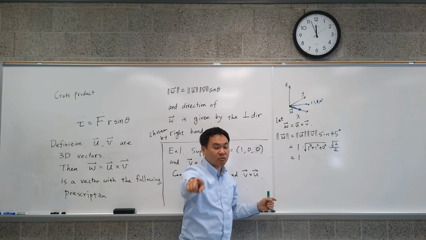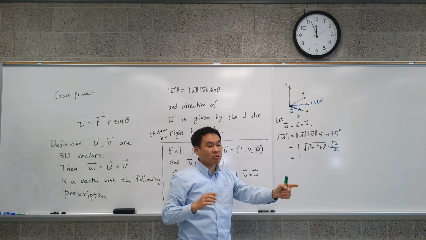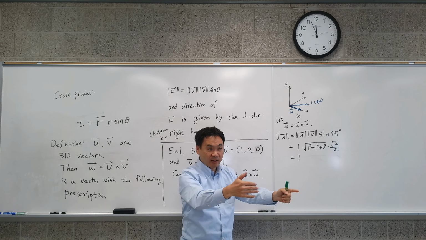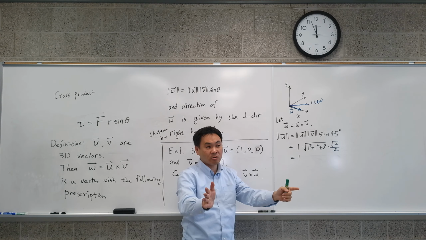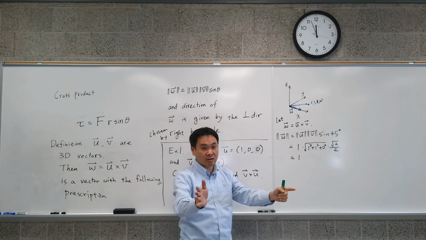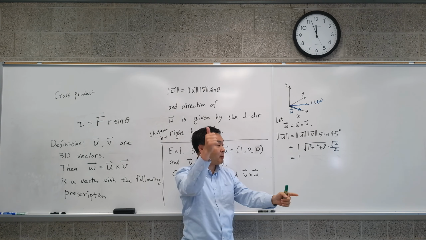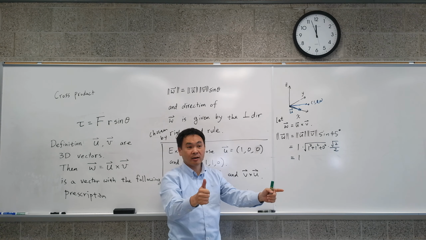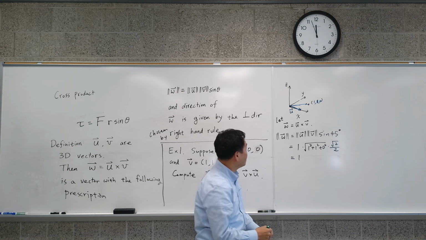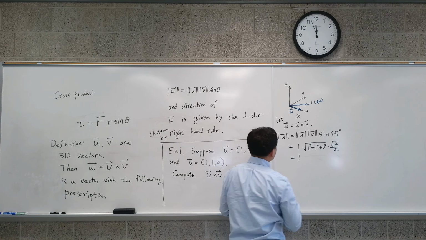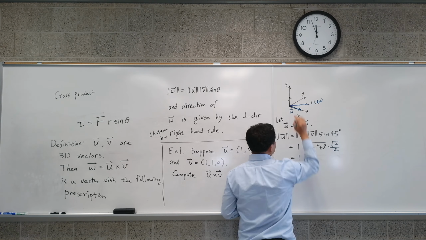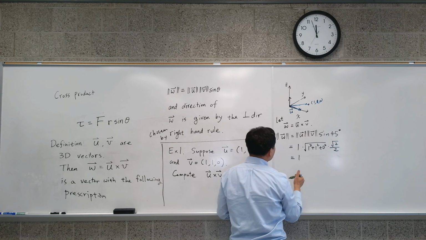Since u is this way and v is that way, when you do u cross v, you first go in the first vector's direction, and then you wrap your fingers towards the second vector. And that says the direction should be up.